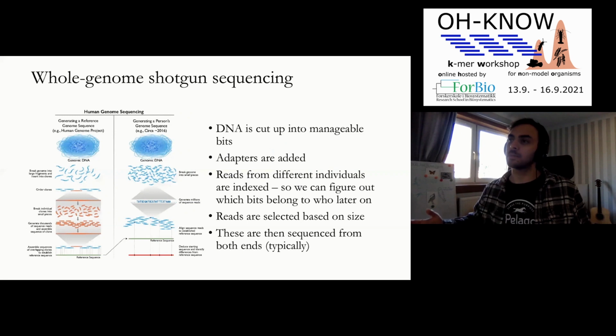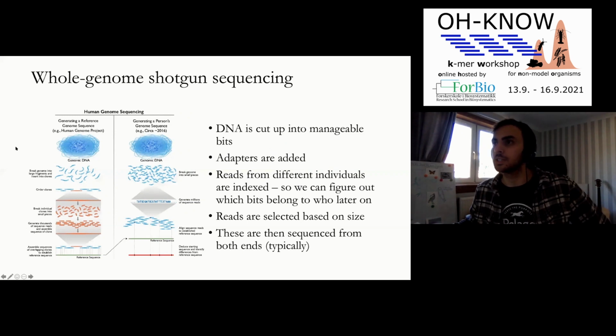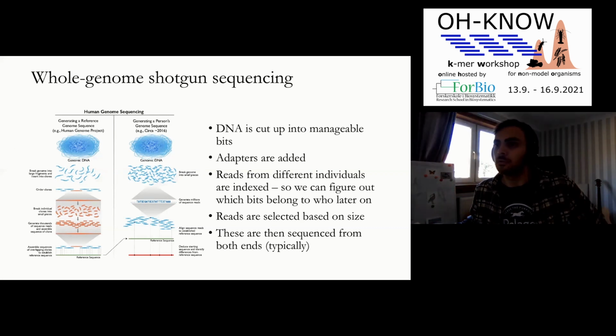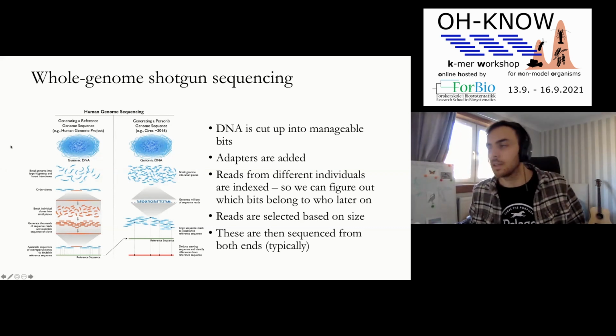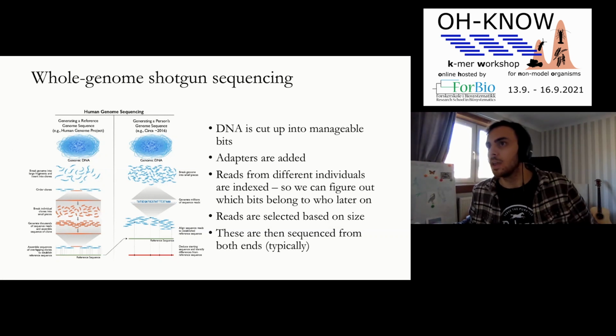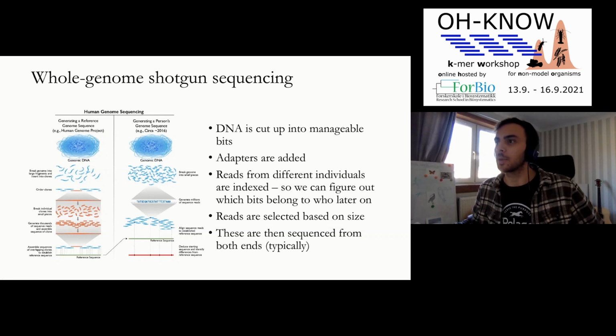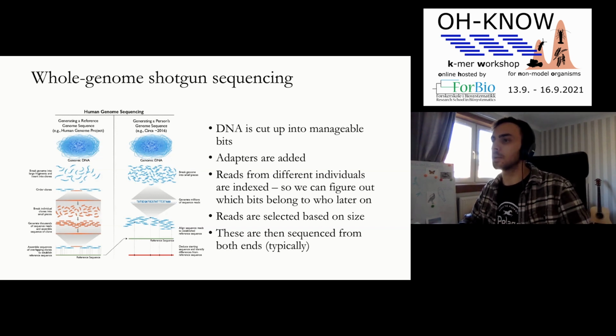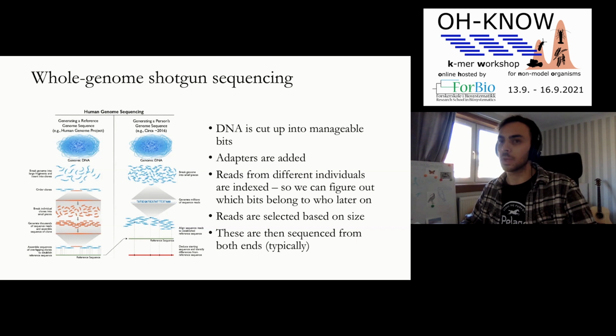So maybe it's time to think about what most of us are doing, which is some kind of whole genome shotgun sequencing. I won't be talking much about reduced representation sequencing because in this workshop, many of those data sets are not so applicable. And I think this is actually becoming much more common. But the reality is, as I said earlier, we can't sequence end to end. And so what we typically do is we cut up the DNA into smaller pieces.